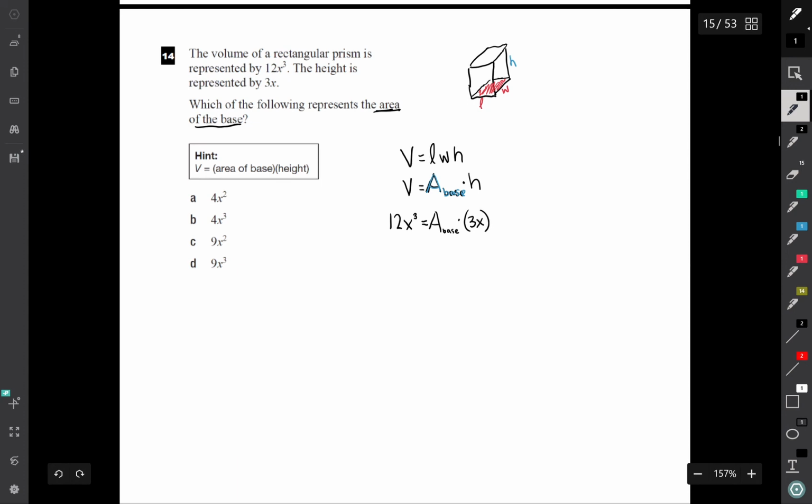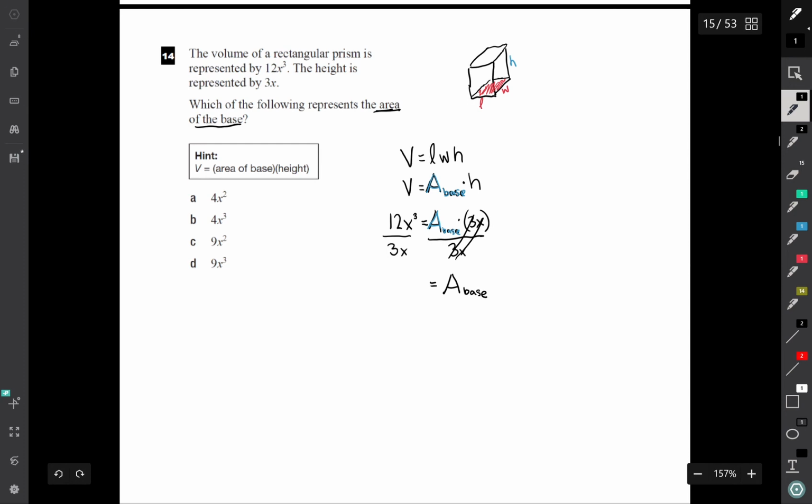Again, remember, we want to isolate what we're trying to solve for. So the only way to do that is to divide both sides by 3x, because that lets us cancel these out, leaving us with the area of the base all alone.